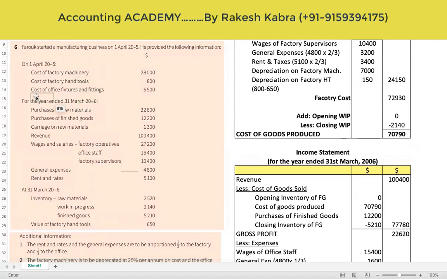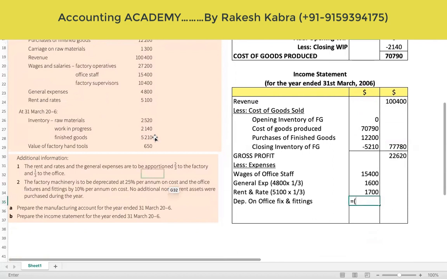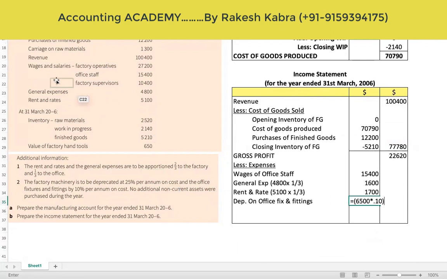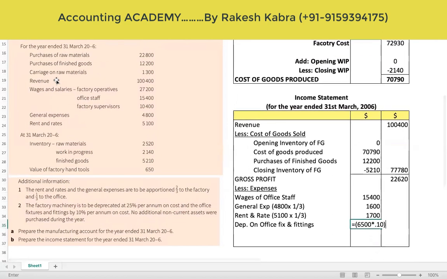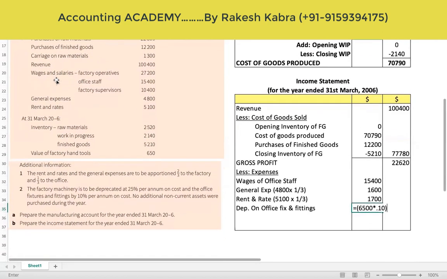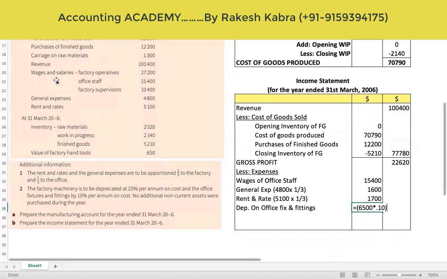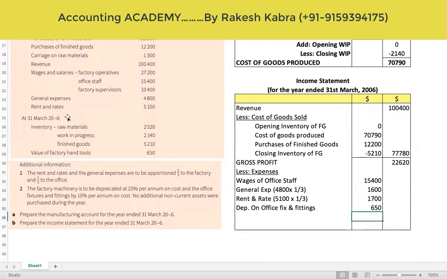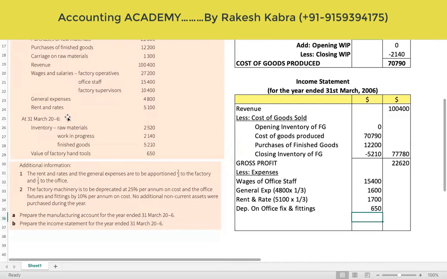See the beginning date, cost of office fixtures and fittings 6,500, and 10% I have to take. There are no new office fixtures and fittings purchased during the year, so only on opening value I will charge this 10%. So 650. Any other thing?